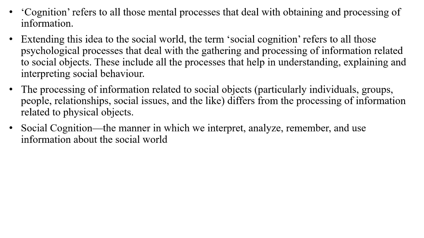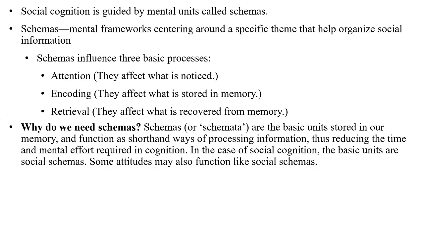The processing of information related to social objects, particularly individuals, group, people, relationships, social issues, and the like, differs from the processing of information related to physical objects. Social cognition is basically the manner in which we interpret, analyze, remember, and use information about the social world.